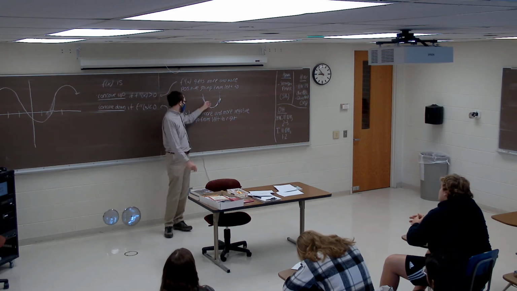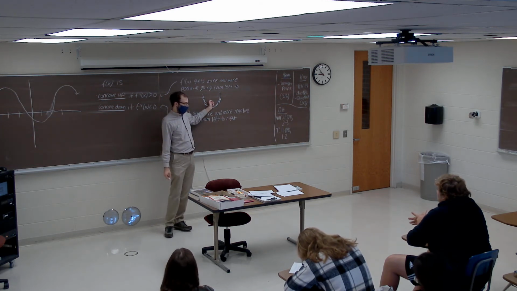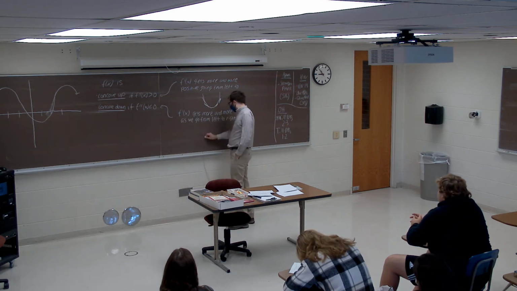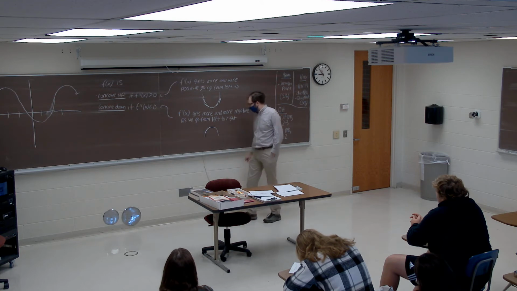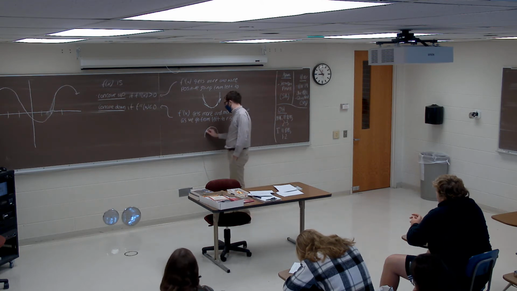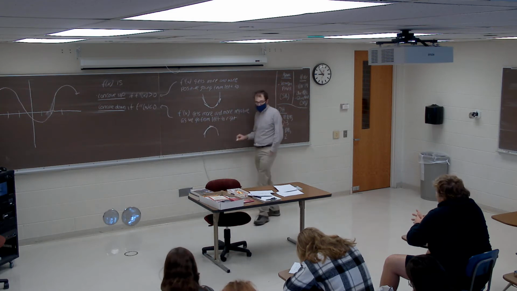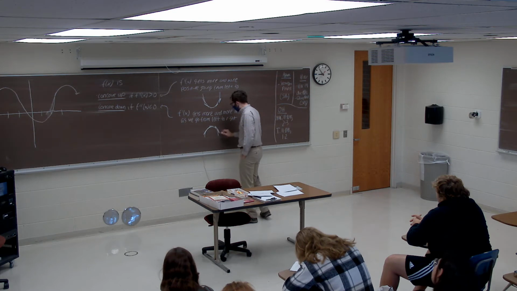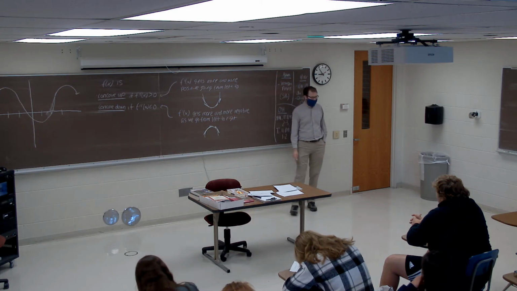Does this just take this bowl shape and turn it upside down? Yeah, I like it. It's going to be like a hill, meaning as we go from left to right, our slopes are going to be becoming less and less positive, and eventually more and more negative.